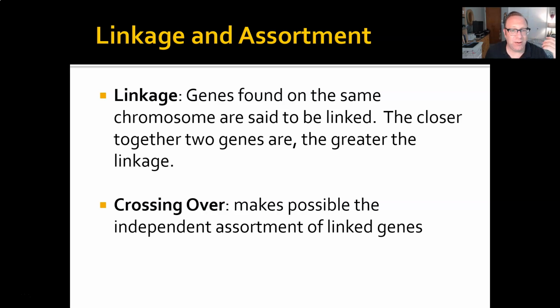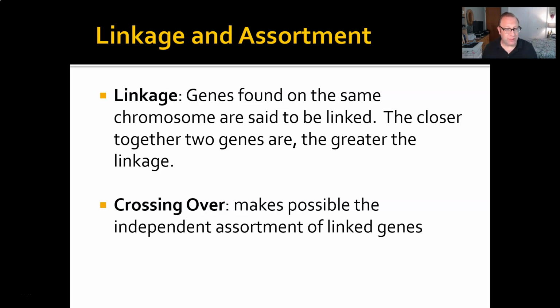So all this is saying is that the closer together two genes are on a chromosome, the more likely it is that they will travel together. Okay? In other words, they are tightly linked. Whereas the further apart they are, the more loosely linked they are.